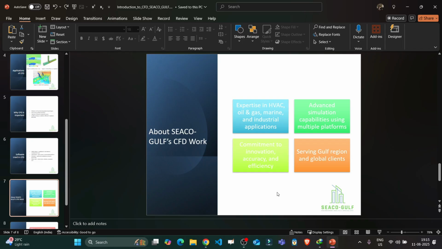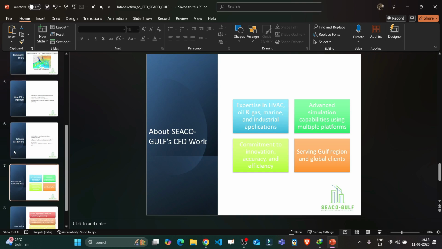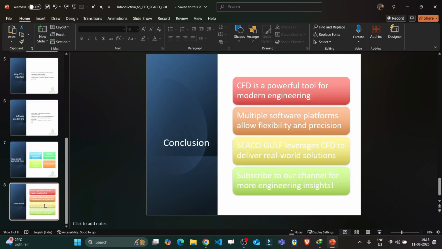We are always committed to giving very accurate results, as efficient as they can be, and we try to apply as much new innovation as we can. Our clients are basically in the Gulf region, and global clients also. We are also expanding our work. Okay, so that is about our CFD work.